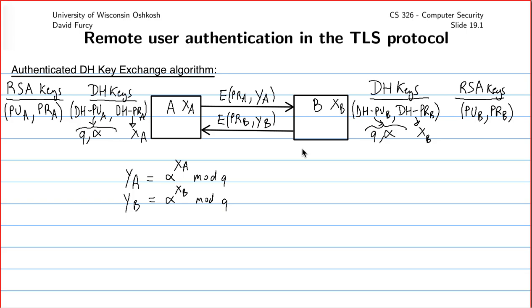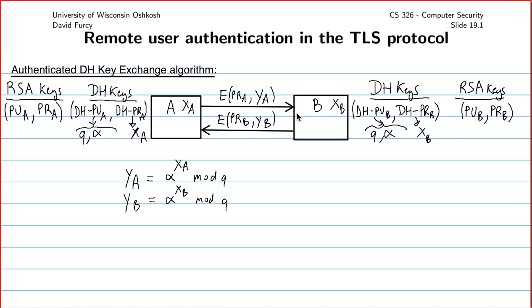So eventually, Alice will know her value y sub A, and she will also know y sub B after she receives it from Bob. And symmetrically, B is going to compute y sub B, and then is going to receive y sub A. So in a sense, both y values are shared by the two parties.